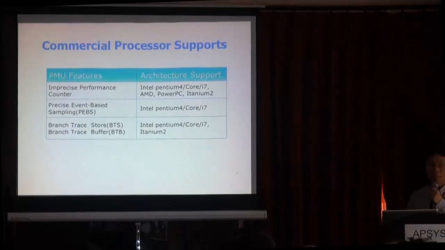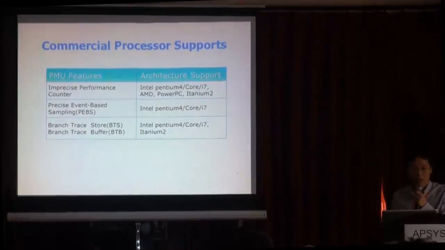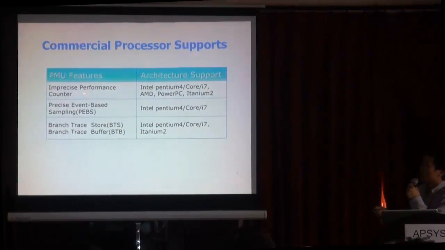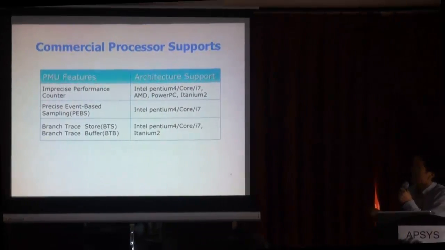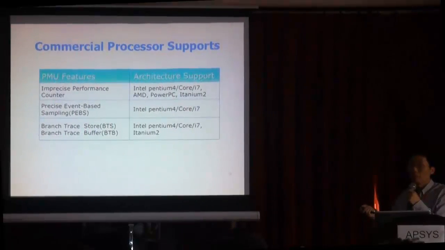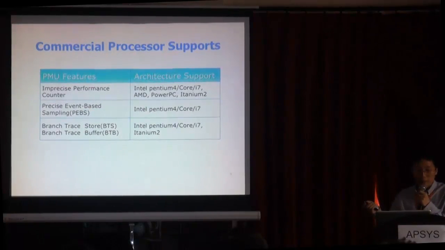So let's look at examples of commercial processor support for PMUs. Most processors have imprecise performance counters. Recently, some modern processors have precise event-based sampling, like Intel Pentium 4, Core, and i7.